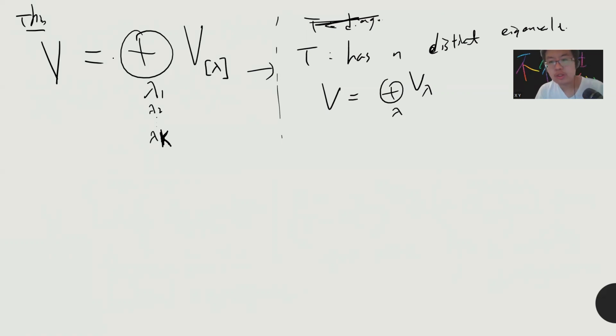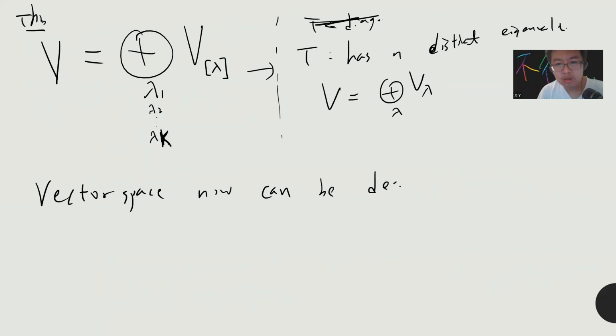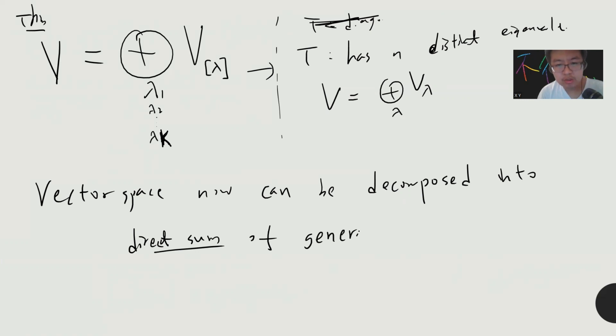If you know this theorem, by carefully choosing a basis you will get the different Jordan blocks. The power of this theorem is that your vector space is decomposed into generalized eigenspaces. Let me write it down, since I think it's important: the vector space can be direct sum decomposed into a direct sum of generalized eigenspaces.